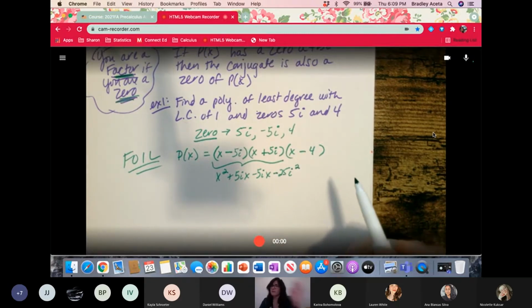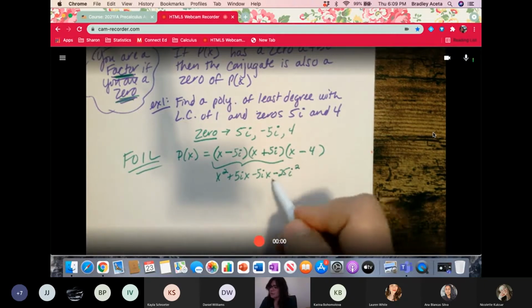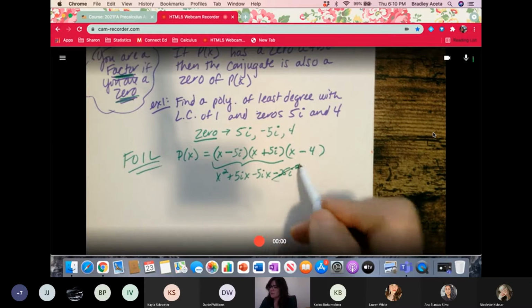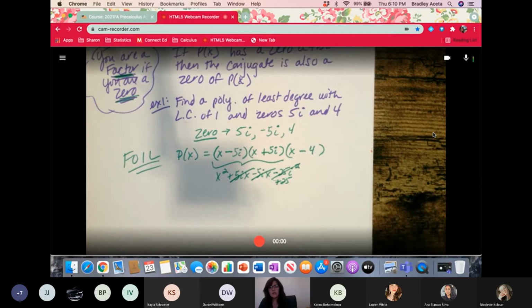If you remember that from a couple chapters ago, i squared is negative 1. So what that does to this negative 25 is it turns it to be positive 25. And then look what's going to happen to the middles. They're always going to go out. Why are they going to go out? Because they're conjugates. The conjugates, the middle terms drop away. So these two terms FOIL together become x squared plus 25.